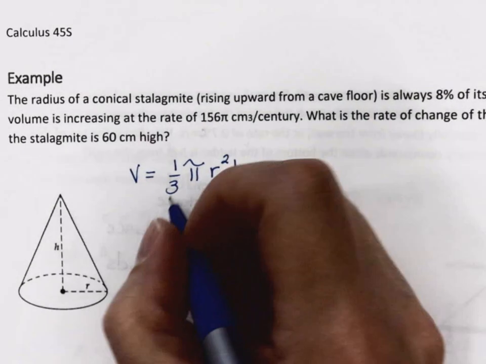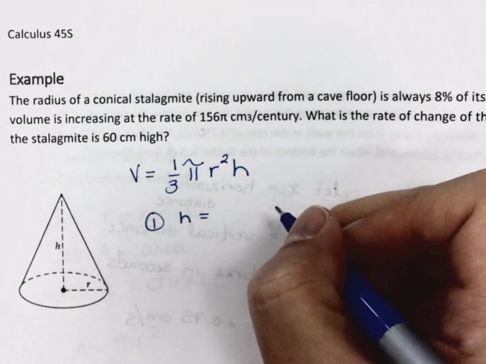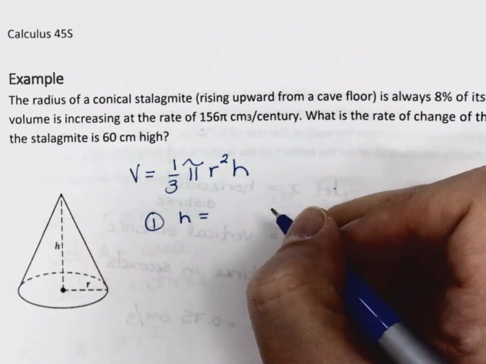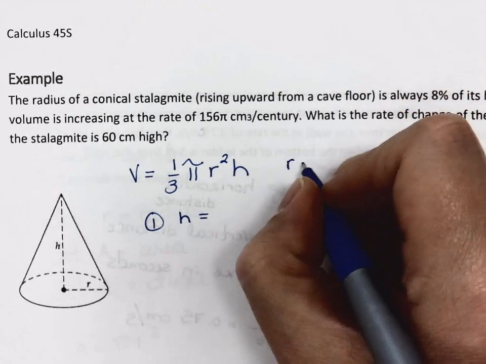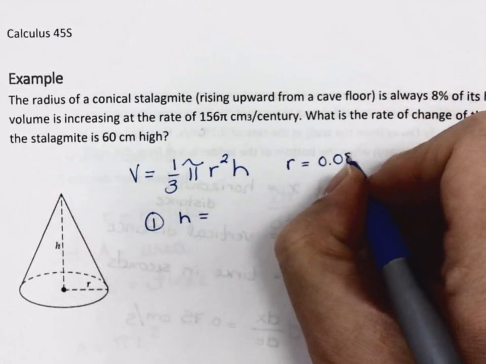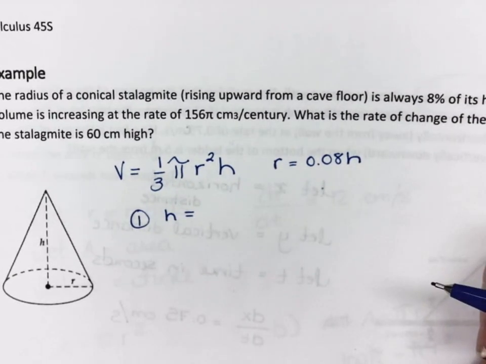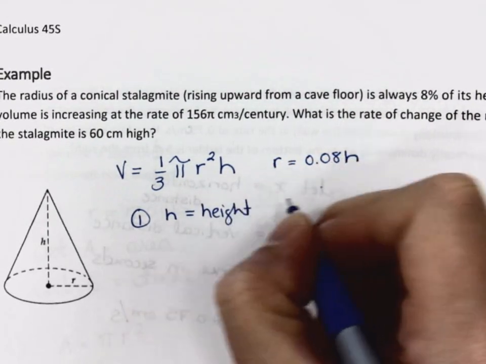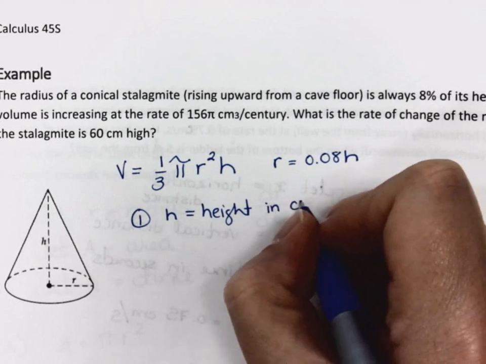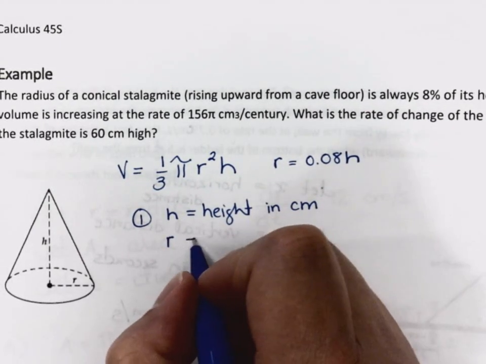Okay, so we're going to define our variables. So radius equals 0.08 times height, right? Yes, we're going to need that in a second. Let's just define our variables. Okay, let's write that down. So radius is equal to 0.08 of the height. That's what it told us. So h represents the height in what? Centimeters? What else we got? We got radius.